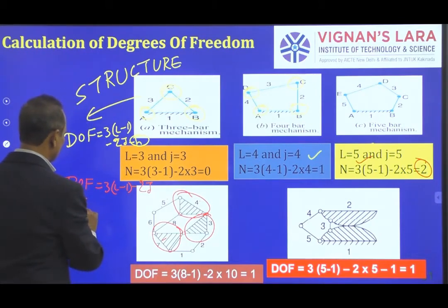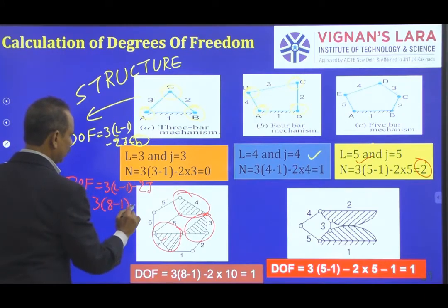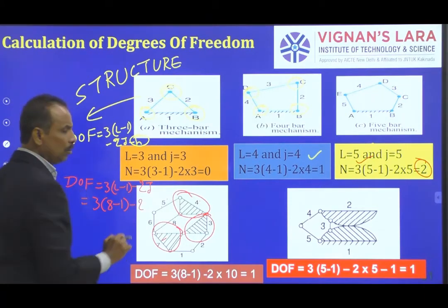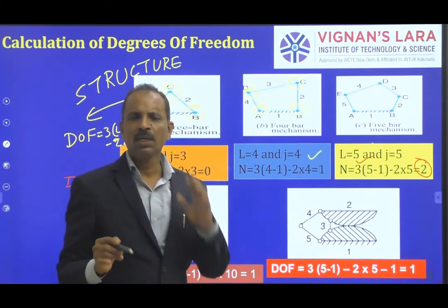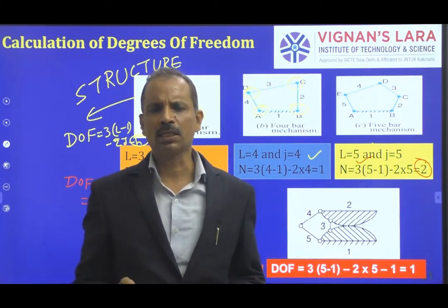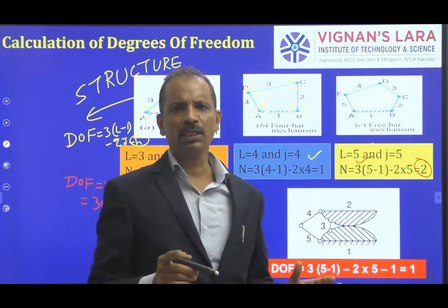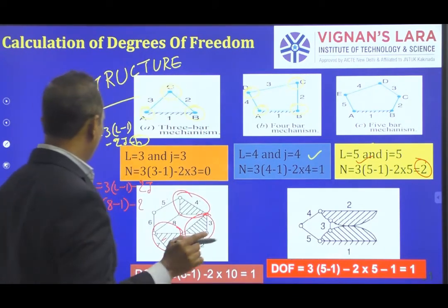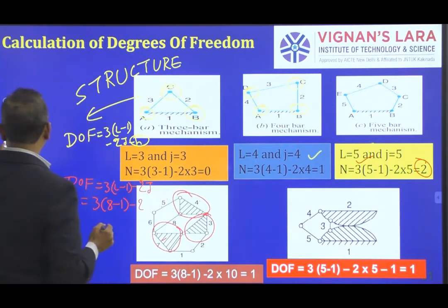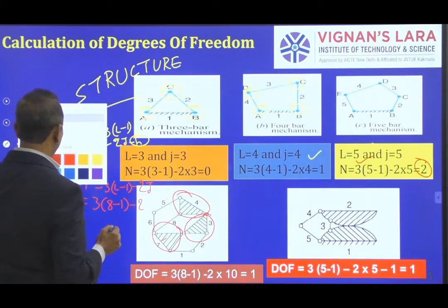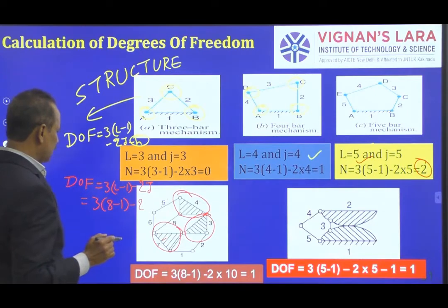That is 3 into 8 minus 1 minus 2 into the binary joints. We have already discussed that a ternary joint is equivalent to 2 binary joints. Let me first count the binaries, then I will go for the ternaries.